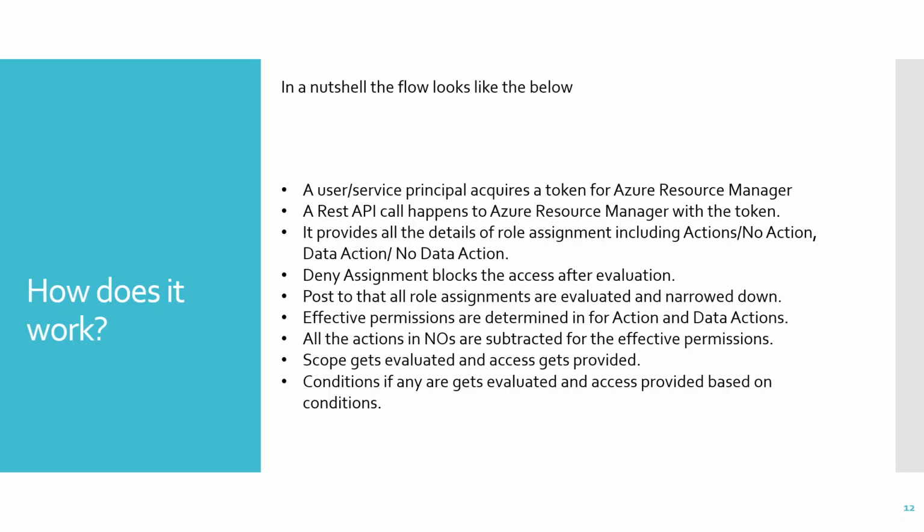So that is how it works. Fundamentally, it is the evaluation of a set of metadata, and that set of metadata is an assignment to a specific user. And that set of assignments is nothing but the set of roles that defines the whole RBAC concepts, or the RBAC fundamentals.